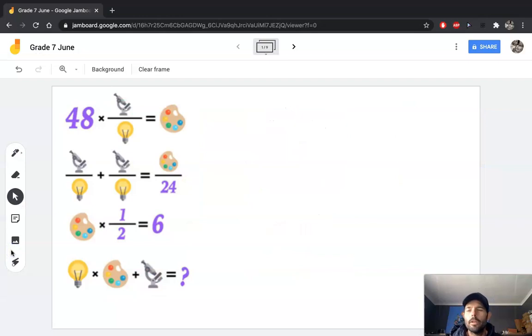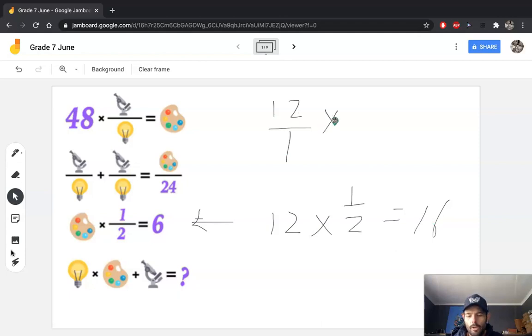Look at this fraction-based puzzle. I'm going to start on the third line, and I know that 12 multiplied by a half is equal to 6. Okay, so remember when we multiply a whole number by a fraction, you can put that whole number over 1 so that you've got 2 fractions. Okay, and then remember when we multiply fractions, you can either say 12 times 1 is 12, and 1 times 2 is 2, and 12 divided by 2 is equal to 6.